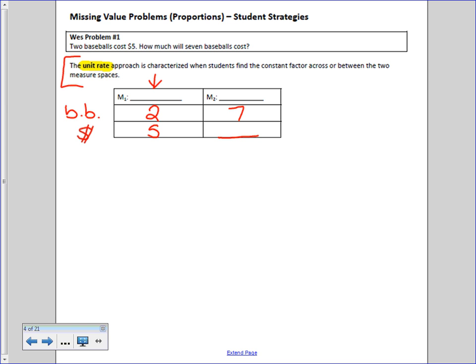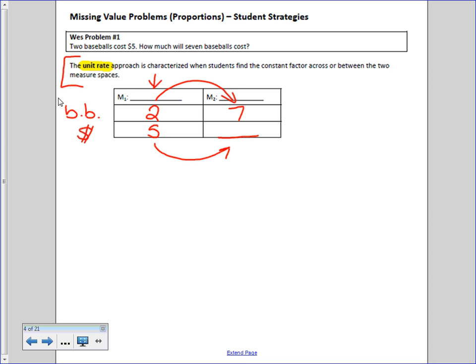The unit rate approach is characterized when students find the constant factor across or between the two measure spaces, meaning we're going to go from this number over to that number. Same thing on top. We are going to find out how many times we can multiply 2 to get 7.